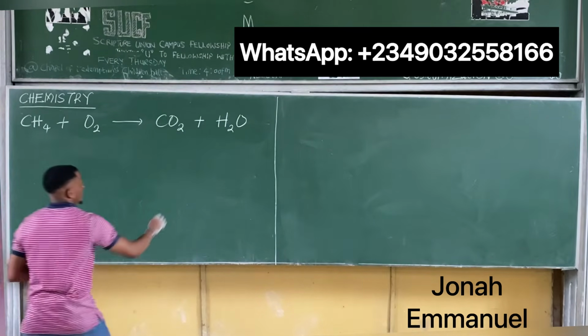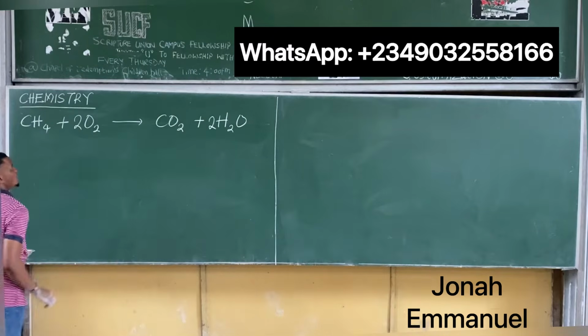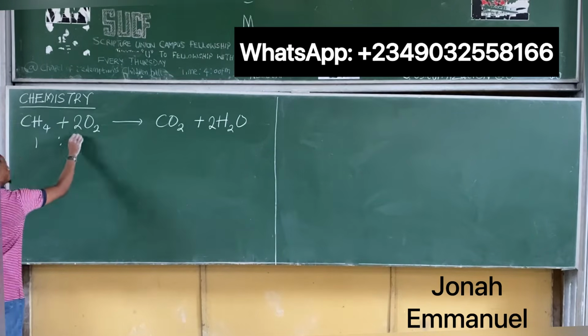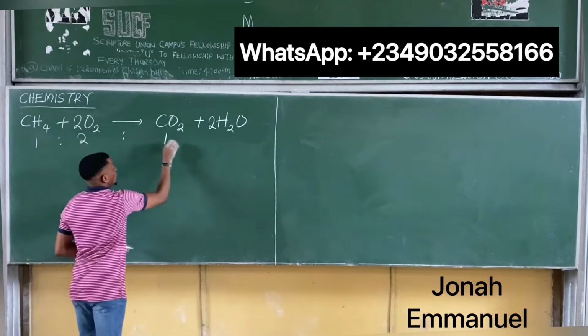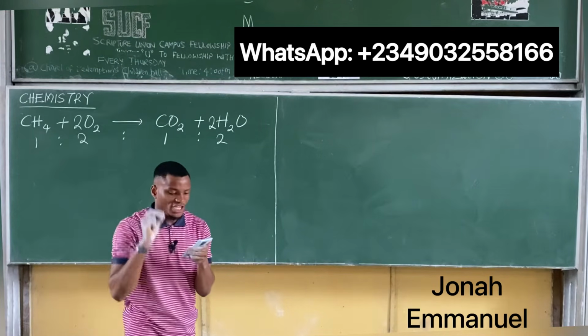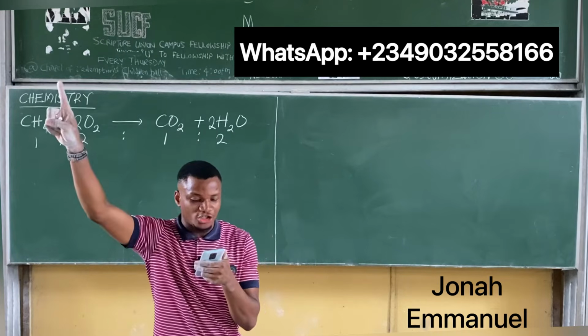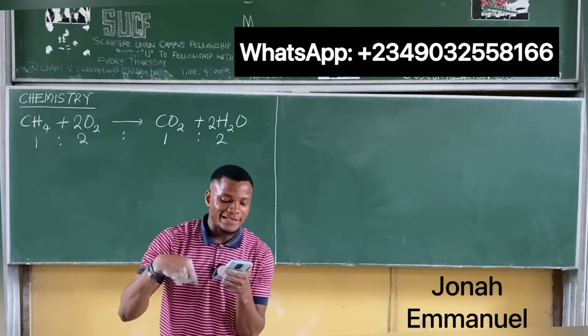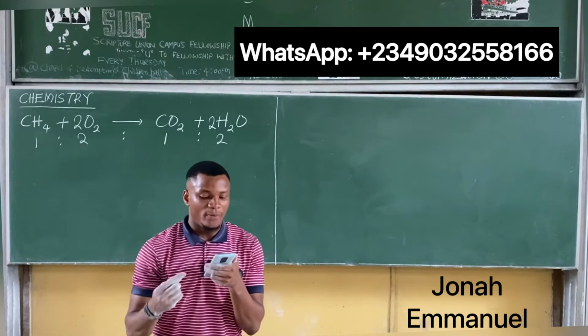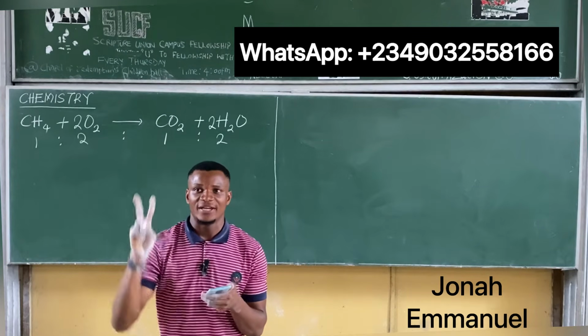Balance up. We had 2 here and 2 here. The molar ratio was 1:2:1:2. Next up, pick out the 2 important things there. They said what mass of oxygen is required to react completely with 24.0 gram of methane. So oxygen and methane are the 2 important things there.